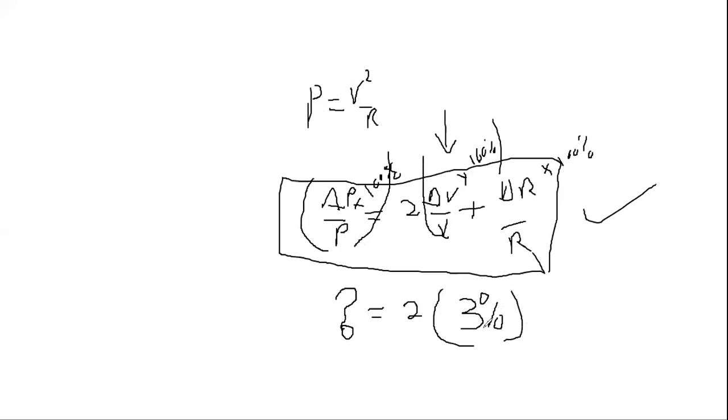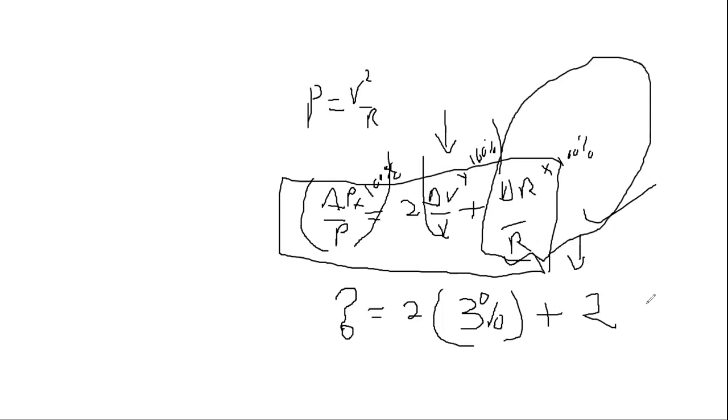So straight away you can use 3%. Don't put in your mind that you need to find the changes of V. Changes of V over V times 100% we know already, it's 3%. Changes of R over R times 100%, this one is another 2%. So altogether it is 8%. So power has a percentage uncertainty of 8%.